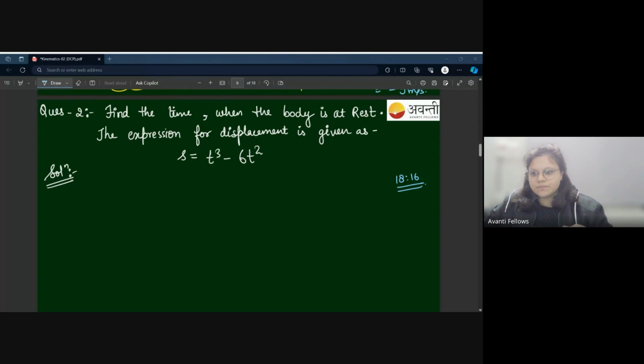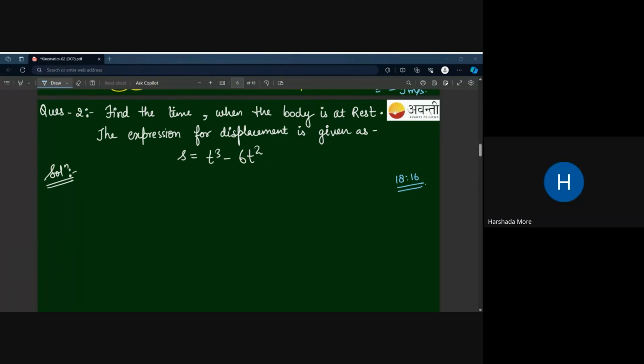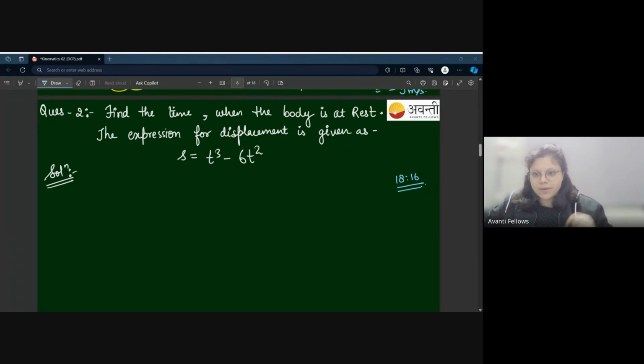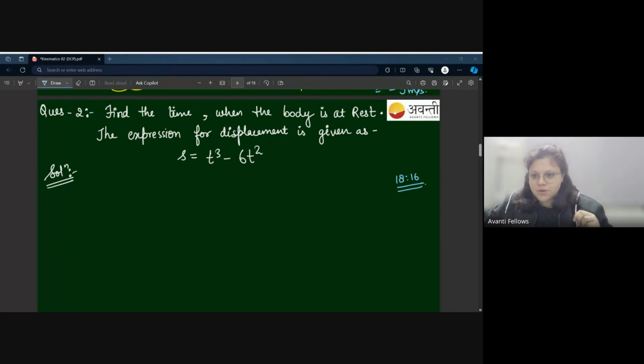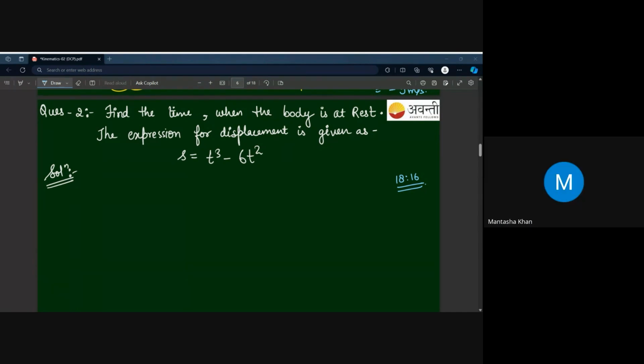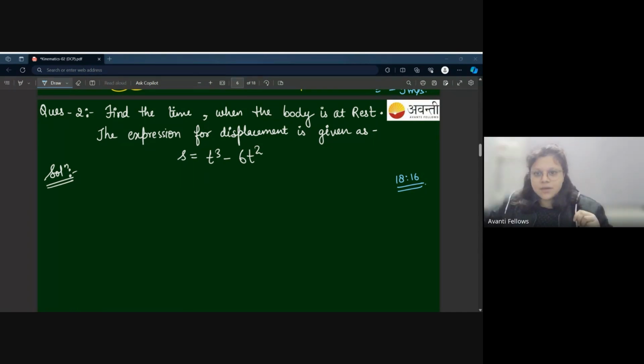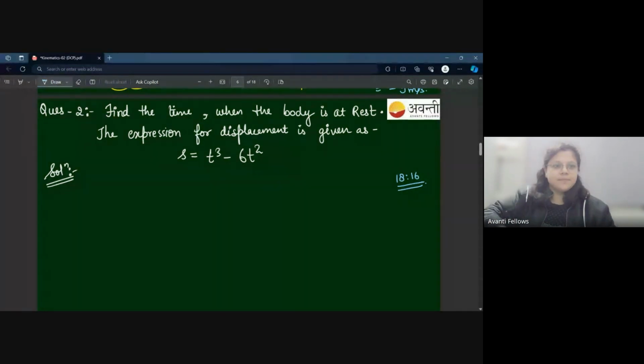Okay. So Harshita, what is your answer? Ma'am, 2 seconds. Okay. Janvi said 4. Shikha said 4. Misbah, Mantisha. 4 seconds. Okay. Mantisha, what is your answer, bacha? Ma'am, 0. Okay. Cool. Shikha said 4, right?